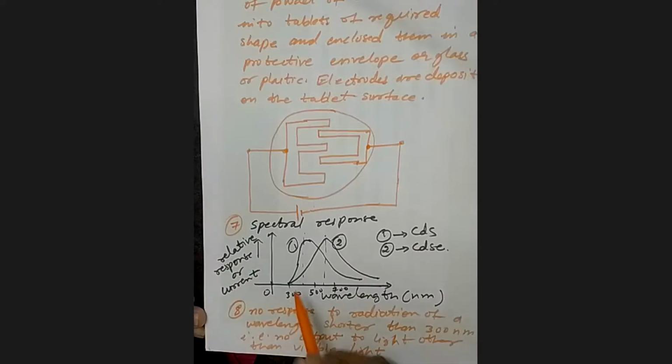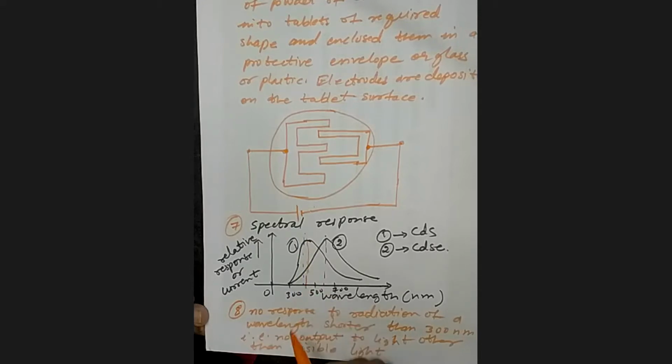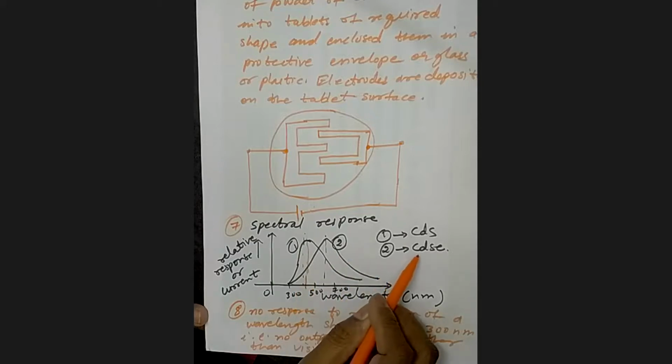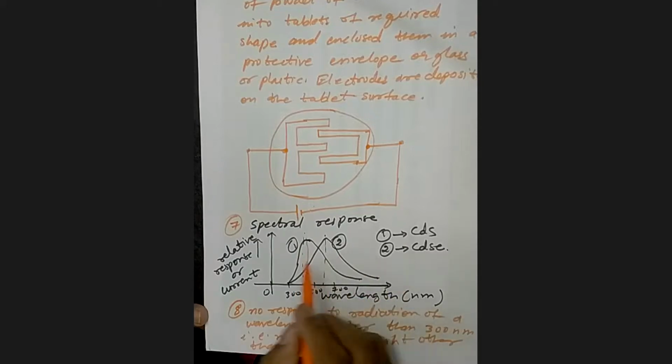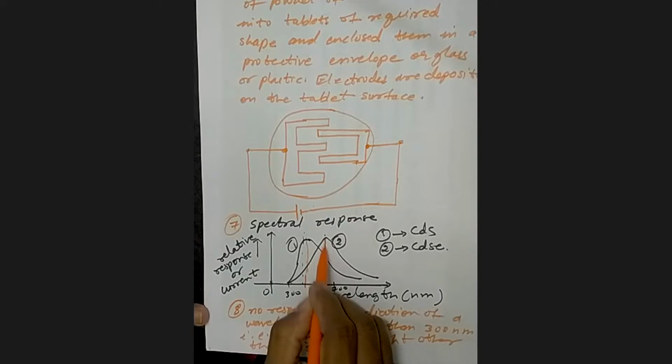So from this diagram, we can see the cadmium sulfide photoconductive cell has a peak response at approximately 350, 400 nanometer wavelength light. And when we talk about the cadmium selenide photoconductive cell, we are getting a peak at approximately 550, between 550 and 600.